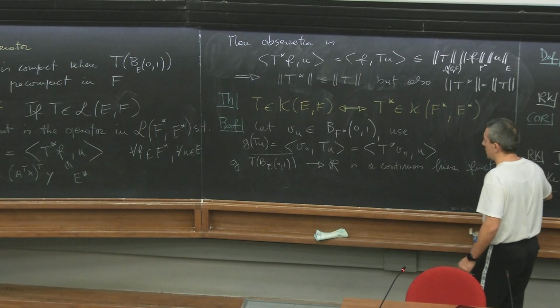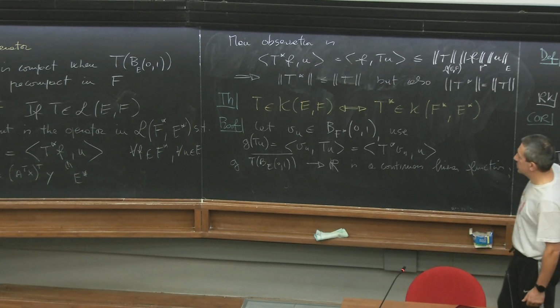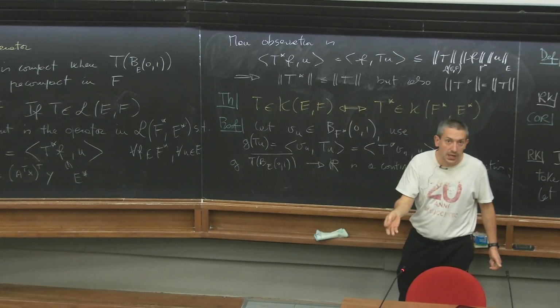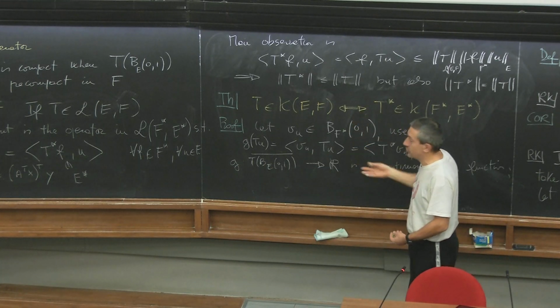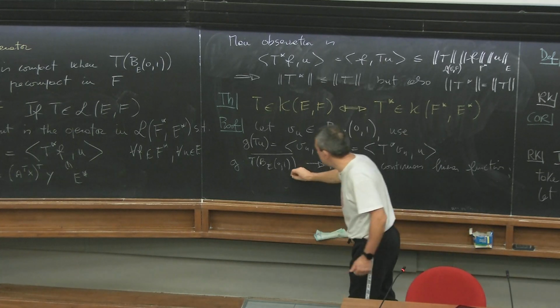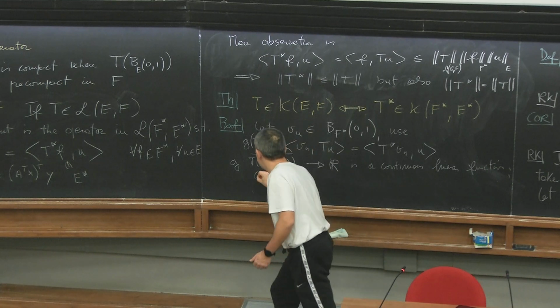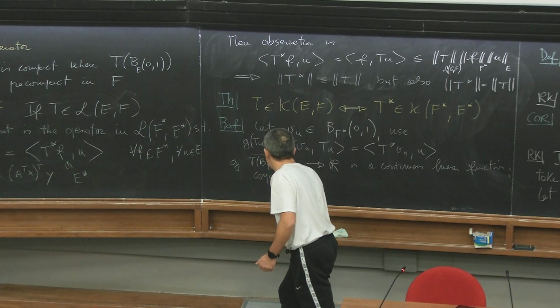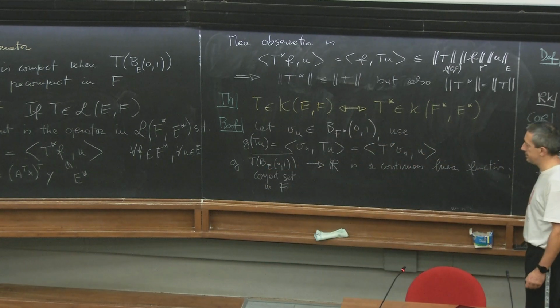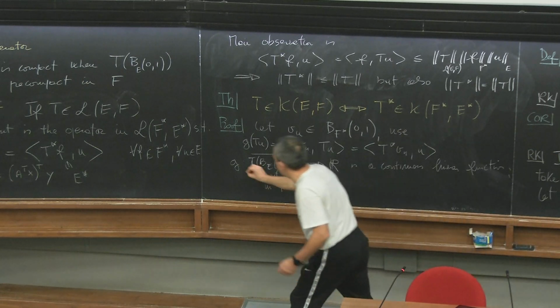Why? Because V_n is a continuous functional, in the dual of this set, and this set is a compact set in F.